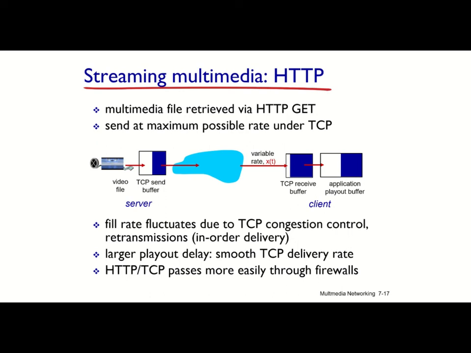This way we have in-order delivery, but we may have a lot of retransmissions, and the fill rate might fluctuate because of TCP congestion control.